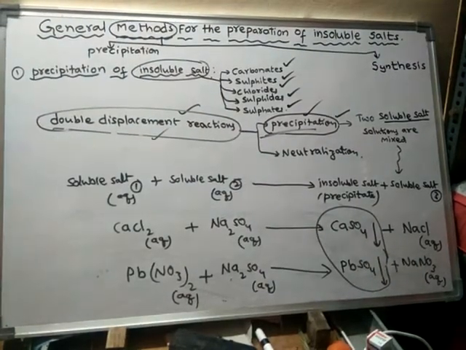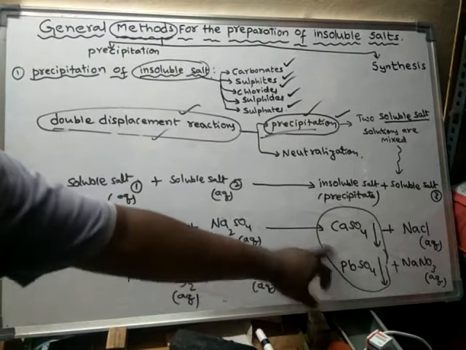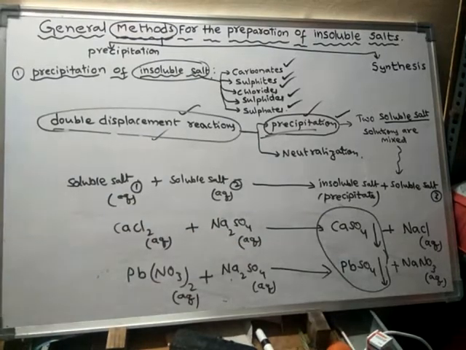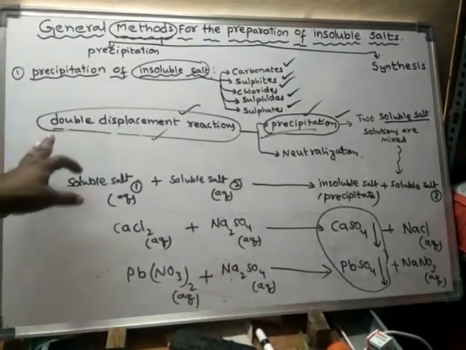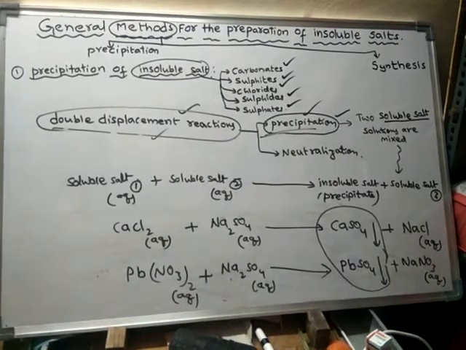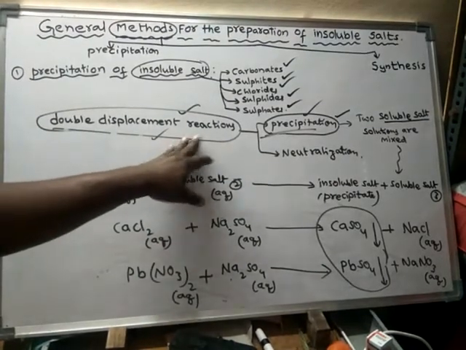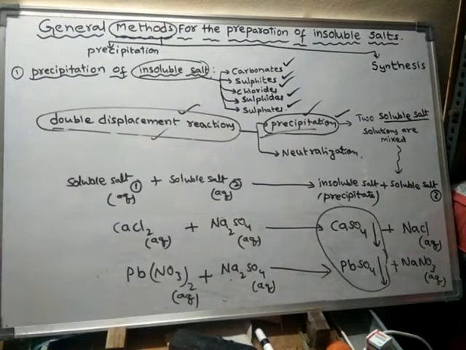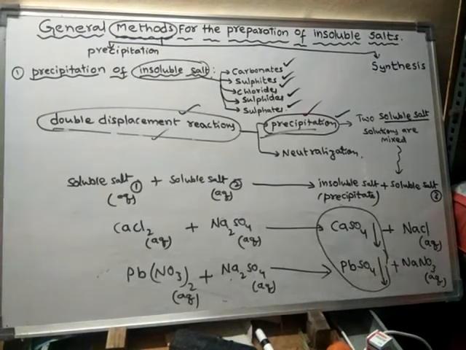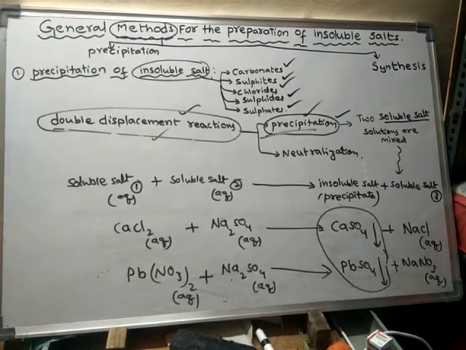These are insoluble sulfate salts. They can be prepared by the method of double displacement reaction, in particular the precipitation reaction method. So like this, some of the salts are prepared. Okay.